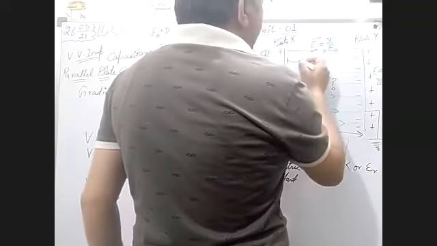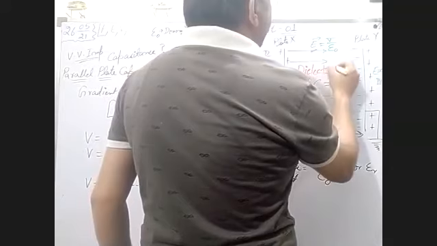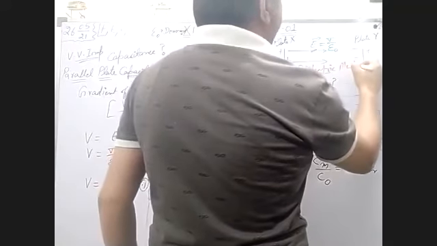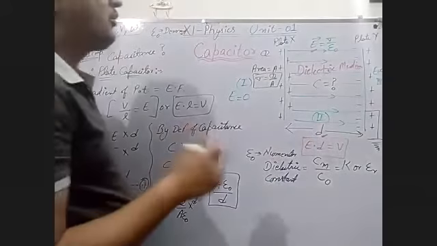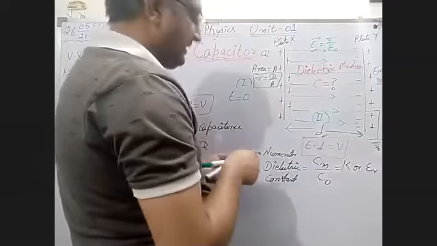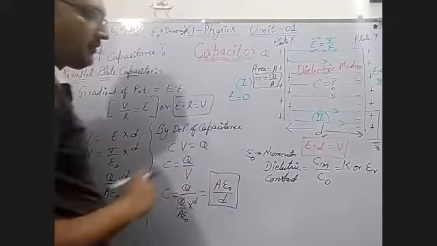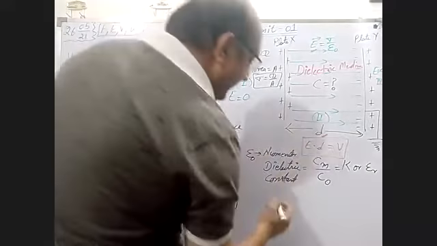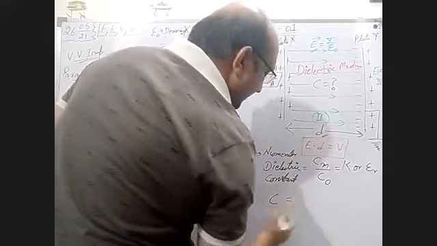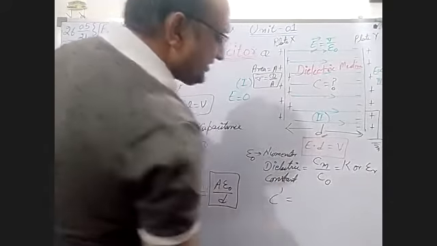If a dielectric medium is introduced between this plate, then what is the effect on capacitance? For this, we can take the value of capacitance when dielectric medium is there. C dash you can take in this case.